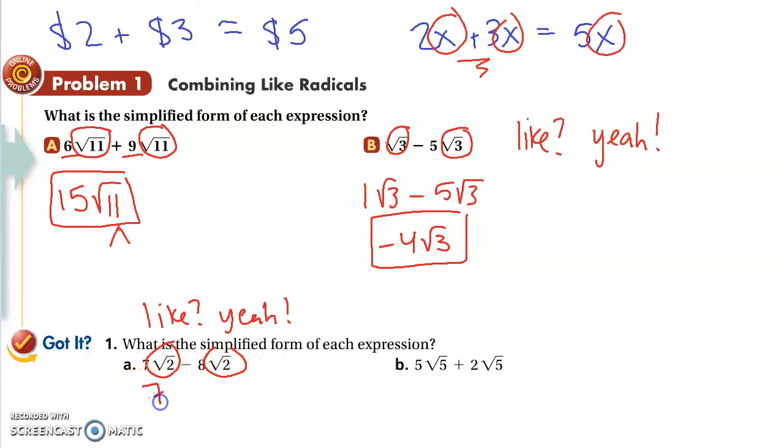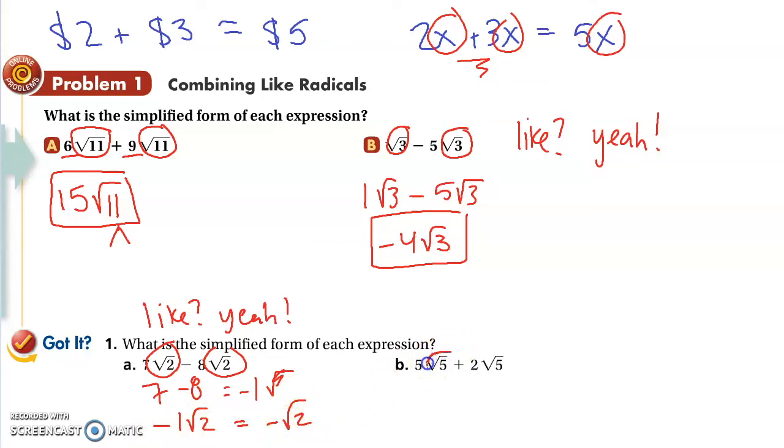So I have 7 minus 8 is negative 1, so I'm going to have negative 1 square root 2. And in this case, I can just simplify it and write this as negative square root 2. I don't need that negative 1 as a coefficient. It's understood. If you wrote it like this, it would not be wrong, but this is a more traditional way to write our expression.